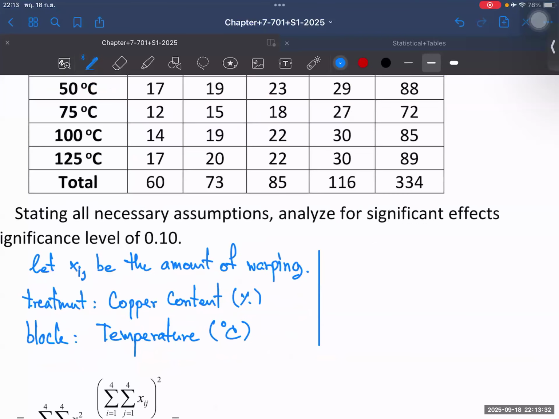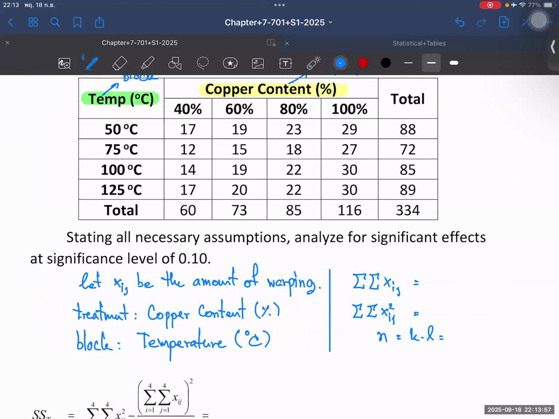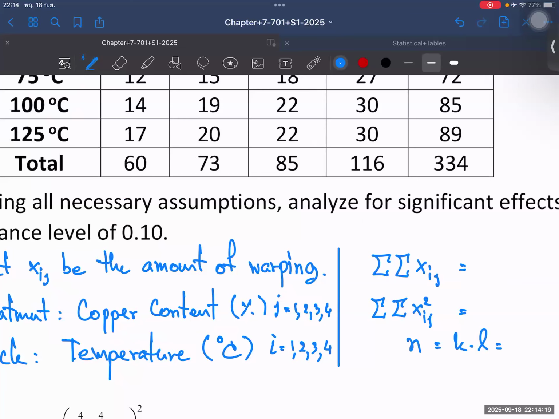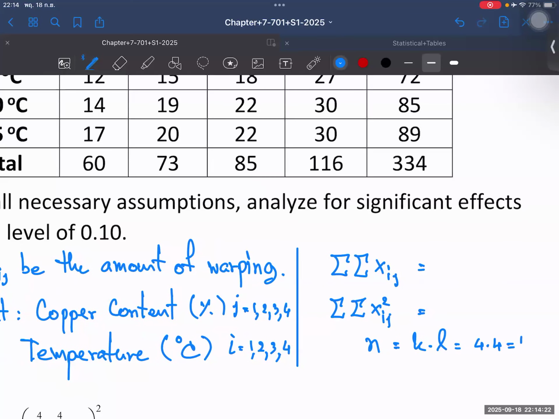So we calculate the sum of the sum of xij squared, and the total sample size is k times L. So treatment J, and I is equal to 1, 2, 3, and 4. So we have 4 times 4 is 16, right?